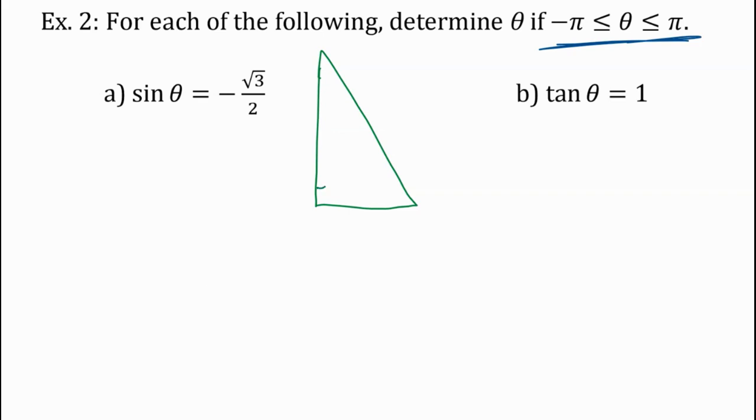So if this feels familiar, then that's probably why. So opposite over hypotenuse means theta related is pi by 3. So again, that's all the same, right? That's not different.